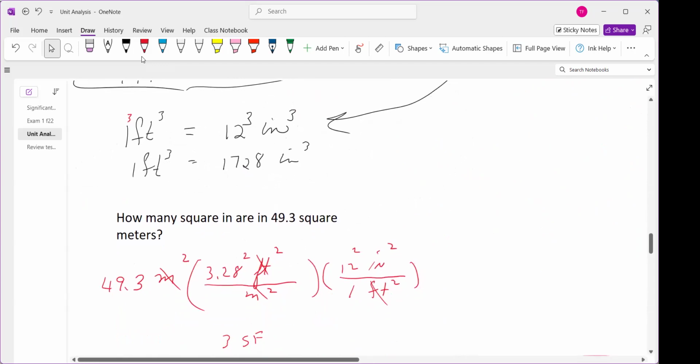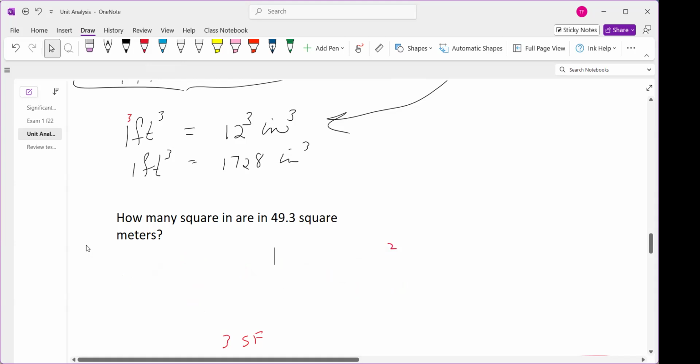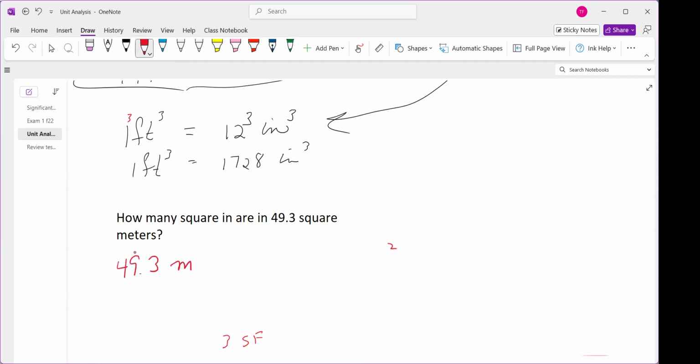So let's look at this problem here. Given is 49.3 square meters. We want to calculate square inches.